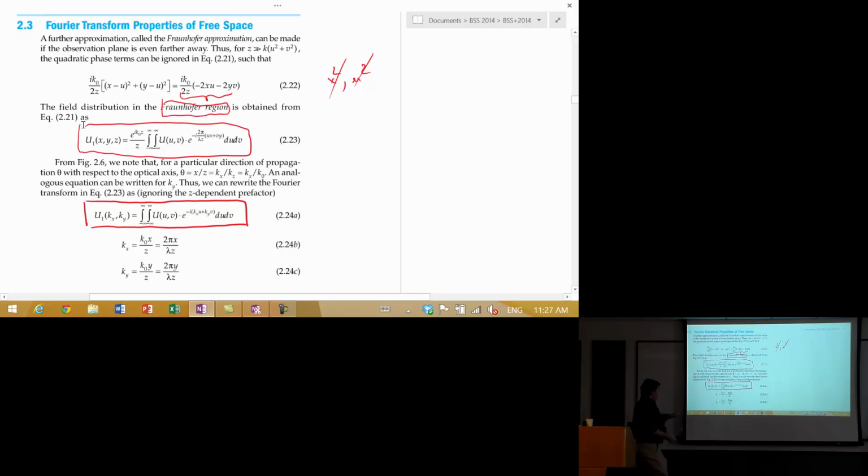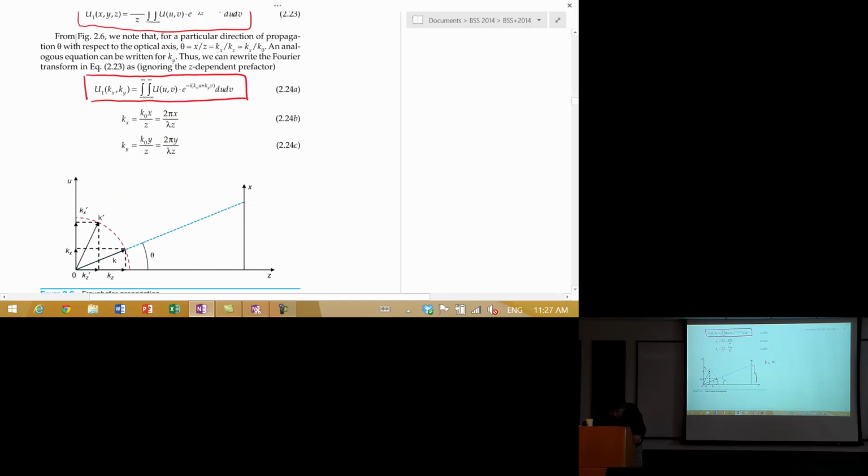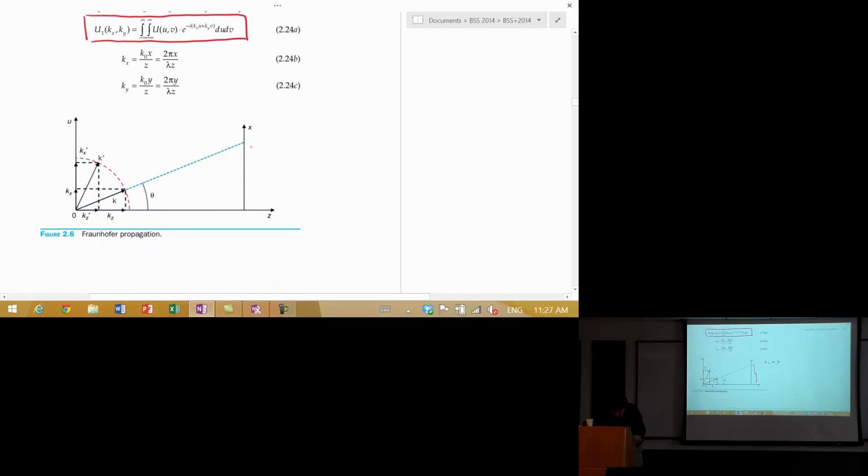Okay? Now, the spatial frequencies have x, z, and wavelength, but they have x and z in them. What does that mean? Well, it means that kx is proportional to x, meaning the larger the distance from the origin, the higher the frequency.